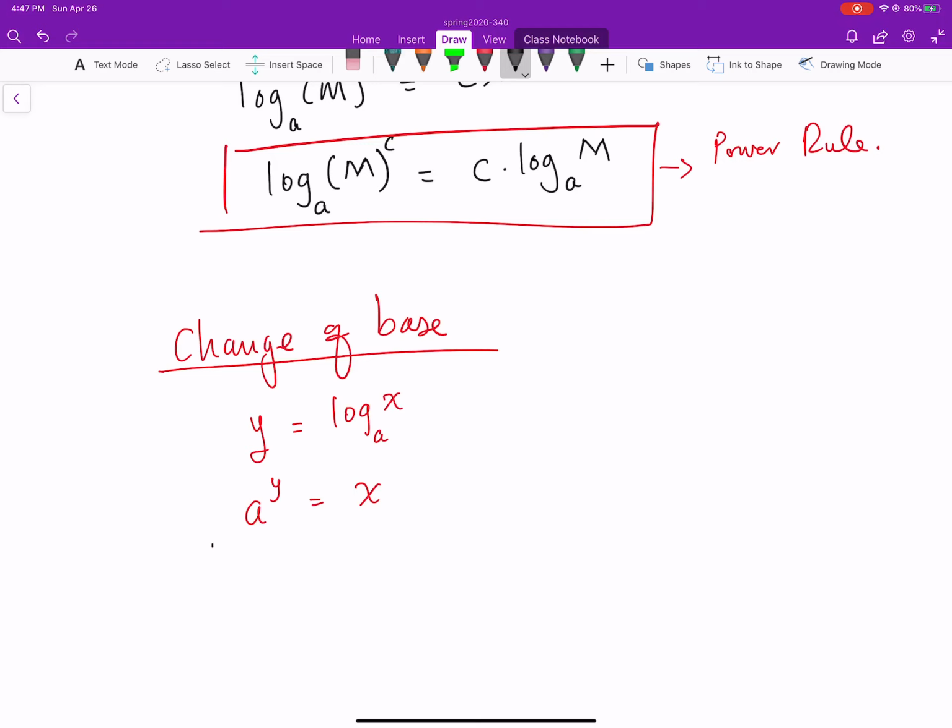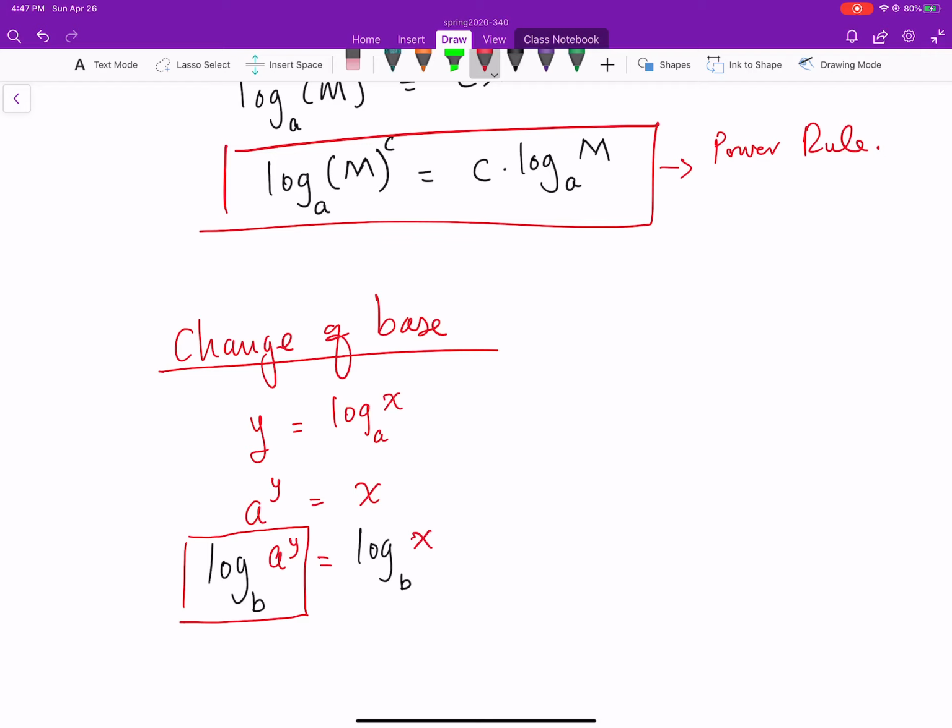So I'm going to get log b of a to the y is equal to log b of x. On the left side, I have an opportunity to apply this third property, the power rule property.